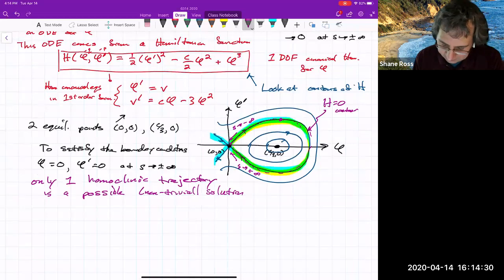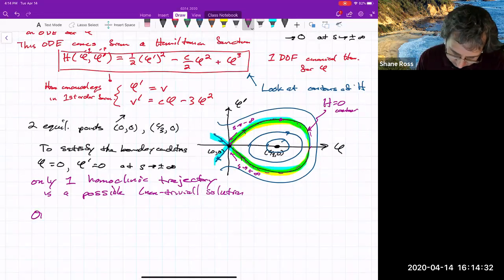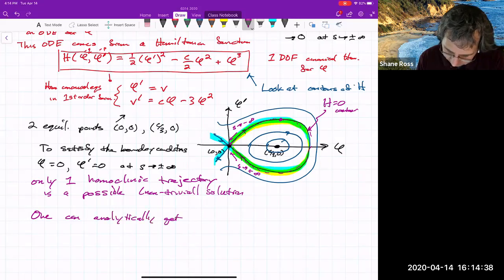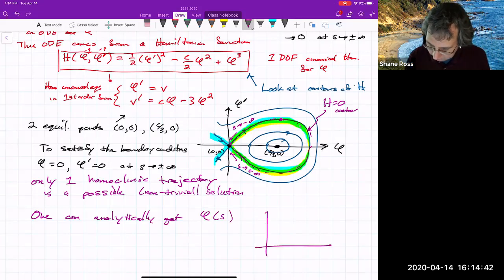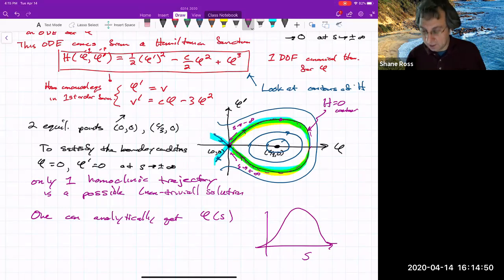And you can analytically get what phi as a function of s is, and that gives you basically the shape of the soliton wave. If c is positive, that means it's going this way.